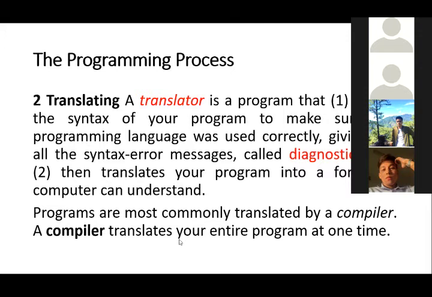Interpreter is line by line yung pagka-translate or pagko-convert. Okay? So, yun yung difference. Some programming languages use a compiler. Some programming languages use an interpreter for the conversion. For Python, that is interpreter. Ibig sabihin, line by line. And by the way, Python is our programming language that we'll be using here.